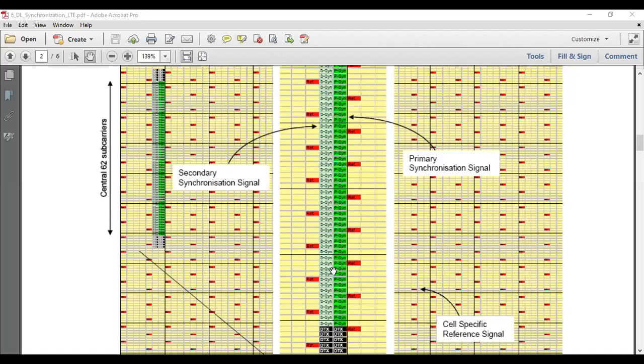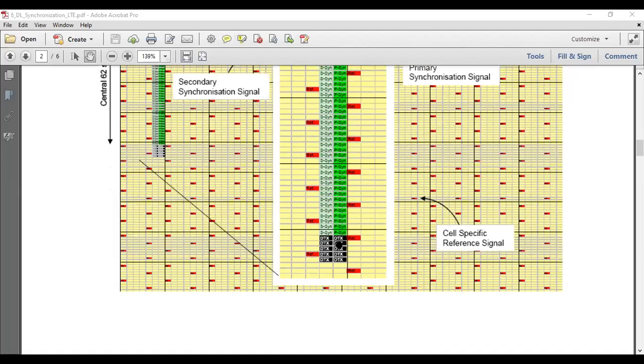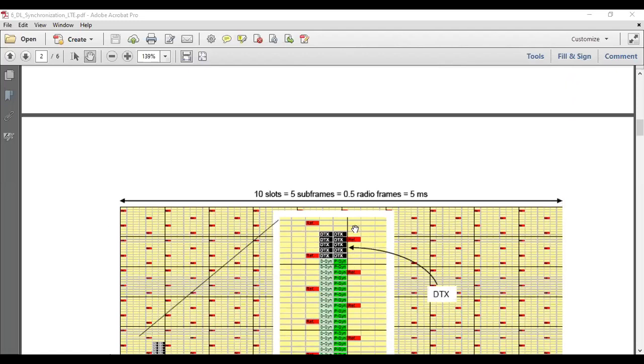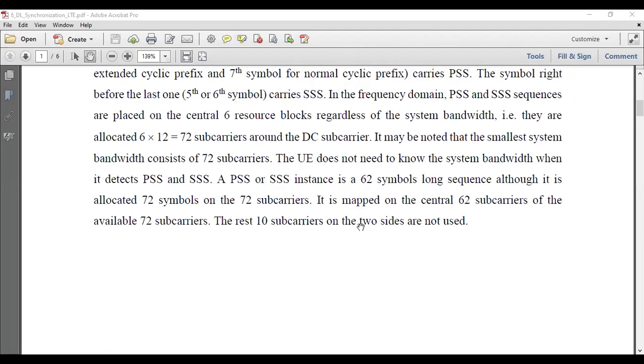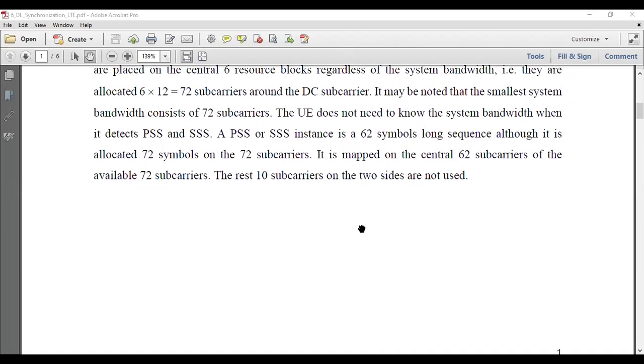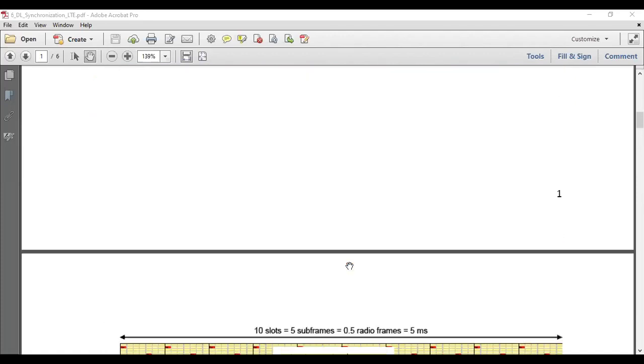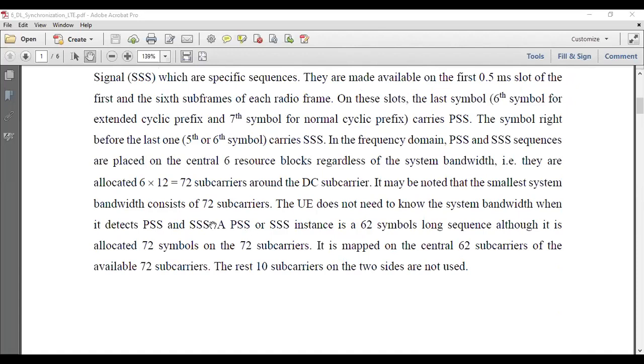Actually, you have transmissions in only 62, not 64. So you have 5 on two sides, so in total it takes up 72 subcarriers. And 72 subcarriers actually take 6 resource blocks. If you remember, in frequency, every 12 subcarriers form 1 resource block. So there are 6 resource blocks.